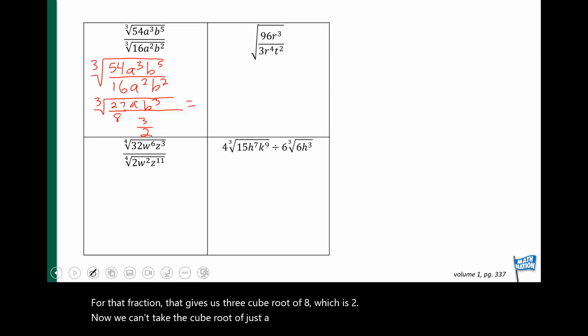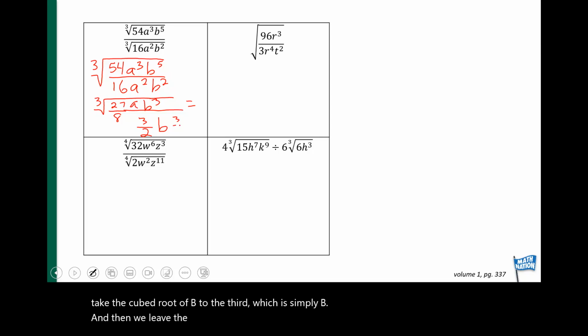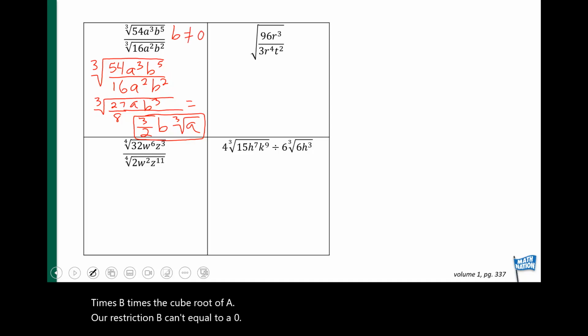That will stay under the radical itself. But we can take the cubed root of b to the third, which is simply b. And then we leave the cubed root of a as a part of our answer. So for that example, we have 3 over 2 times b times the cubed root of a. Our restrictions: b can't equal 0, and a cannot equal 0.